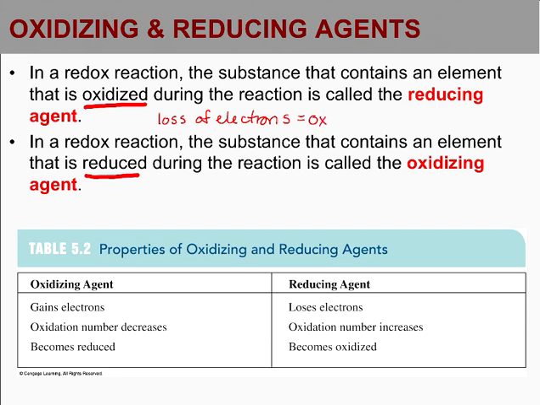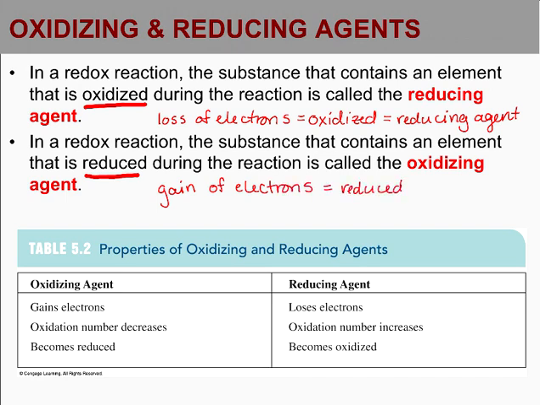We say that it is oxidized. And we can also say that it is the reducing agent. And then if something gains electrons in a reaction, it's reduced, and we would say that it is the oxidizing agent.